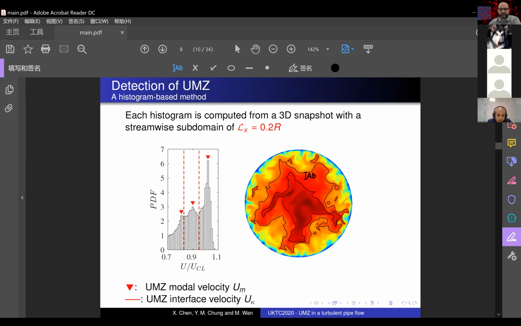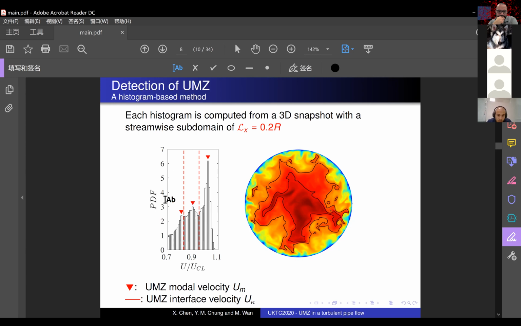So in our study, we follow this technique to detect the uniform momentum zones using the histogram of the streamwise velocity. For each snapshot, a histogram is computed using the vectors in the 3D subdomain with a streamwise window size of 0.2 pipe radius. In this example, the histogram shows 3 peaks at 3 modal velocities.